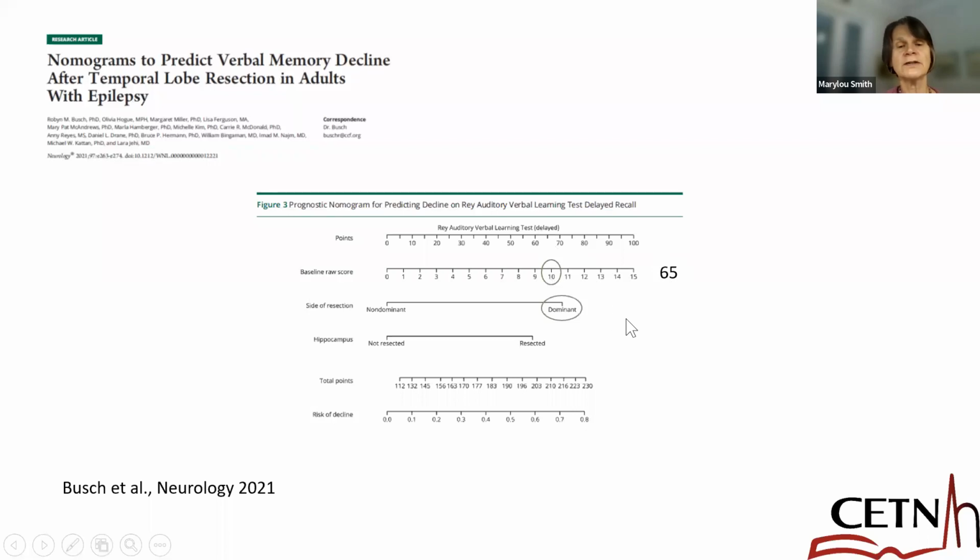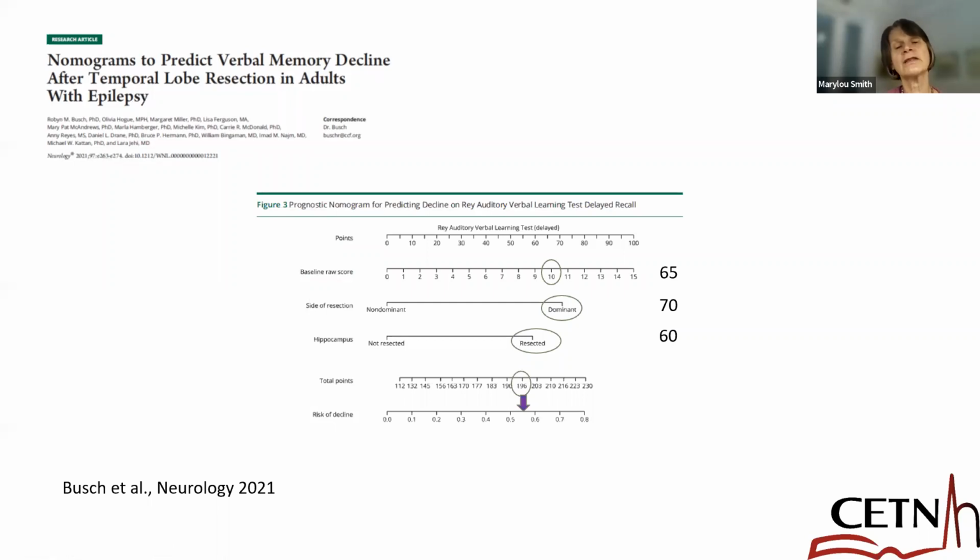This patient was going to have a left temporal lobe resection, and that gives 70 points. This patient was going to have the hippocampus resected, and that yields another 60 points. So the total number of points in this patient was about 195, and that yields a risk of about a 55% chance of decline.